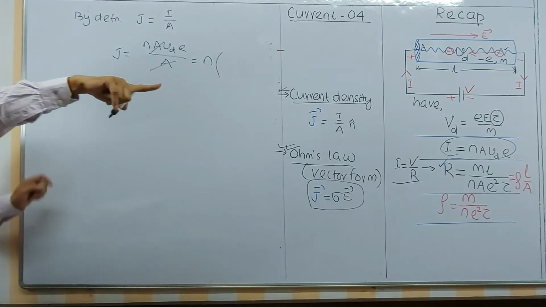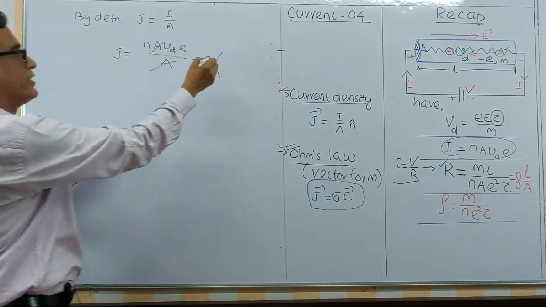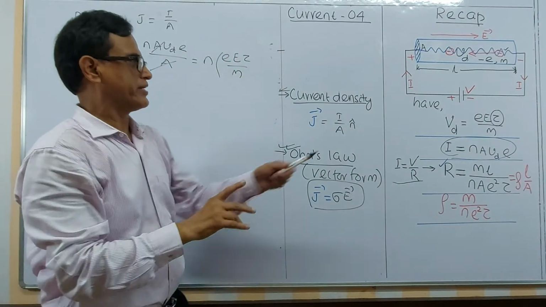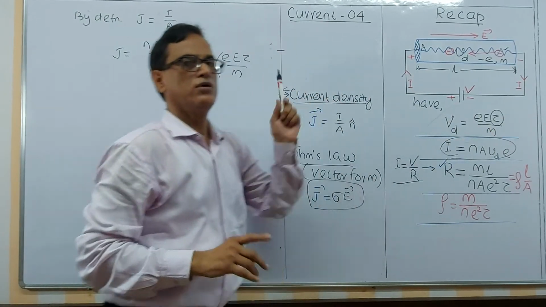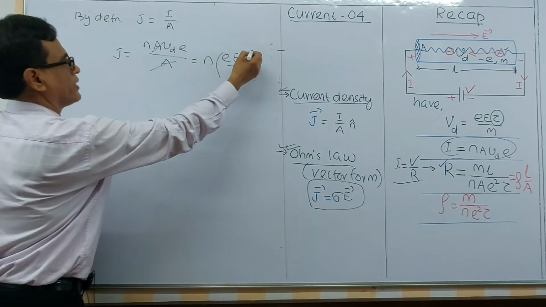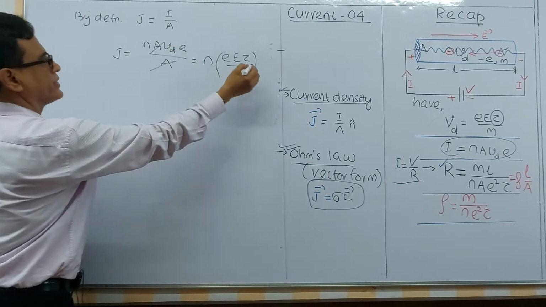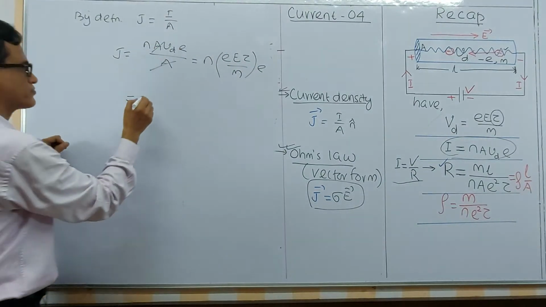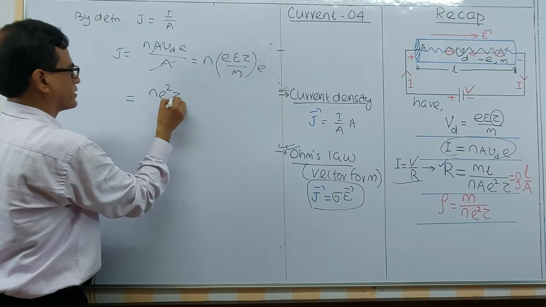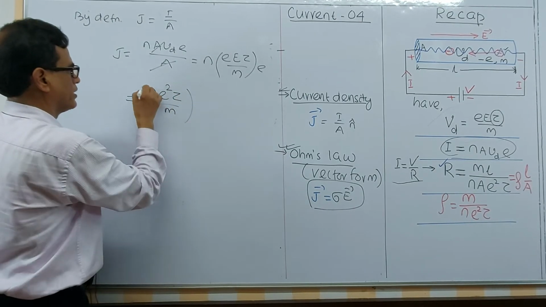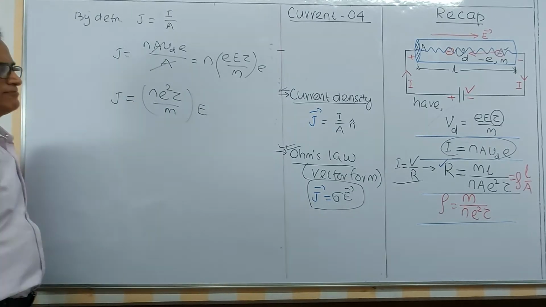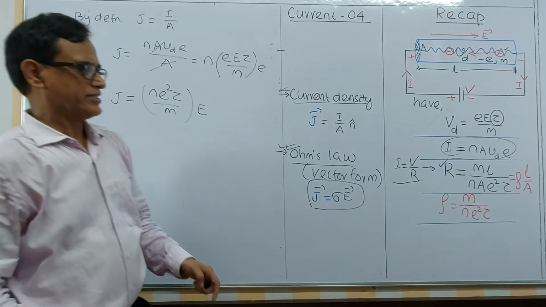VD you can take as e E tau by m, I am taking the help of this one. Now here tau by m, N VD e is there, that's why I am getting N e square tau by m into E, in the left hand side J, the current density. Now you can see this formula.